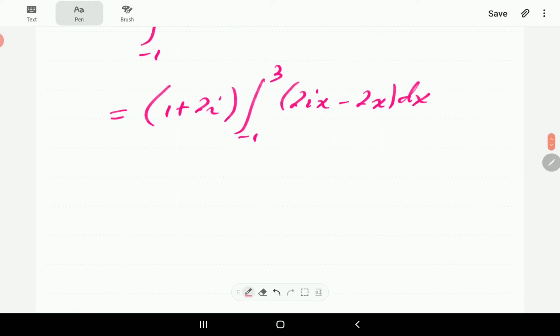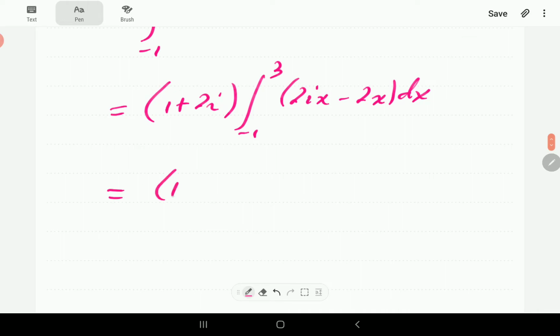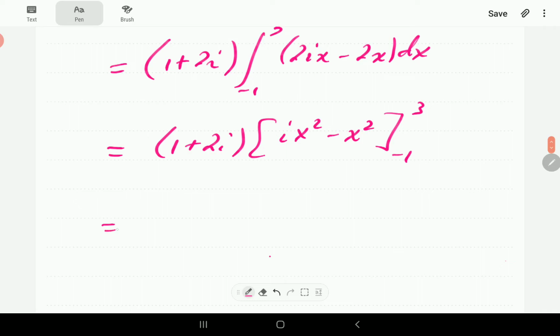It's just an integral of x, so it's going to be (1 plus 2i) into (ix squared minus x squared) when we integrate those ones.